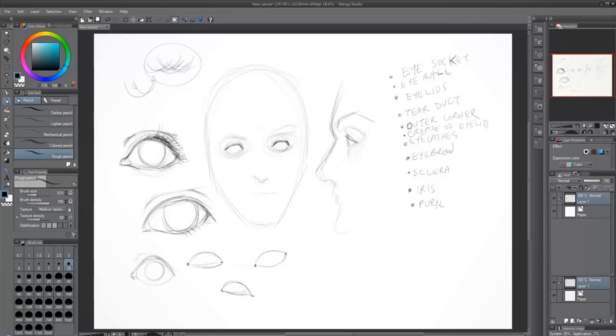Something to understand about the pupil is that it usually, not always, is very close to the top of the eye. And you have the eyelashes. Of course, with girls, it's going to be much more pronounced than with guys. For guys, you don't really need that. And then the upper lid almost always casts a shadow.